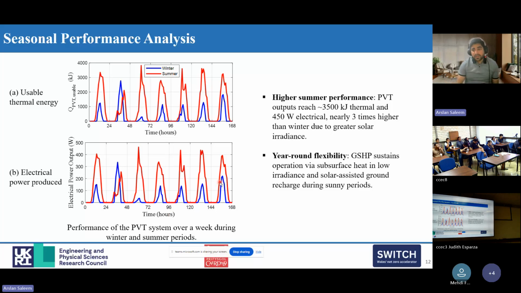It also showed year-round flexibility during low irradiance or overcast periods. The ground source heat pump system relied on subsurface heat, while sunny intervals enabled ground thermal recharging.